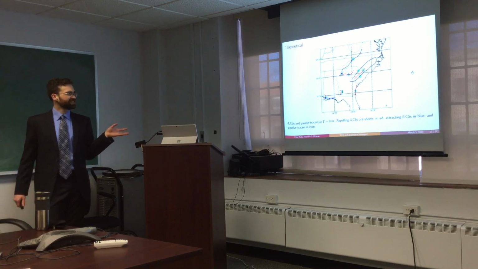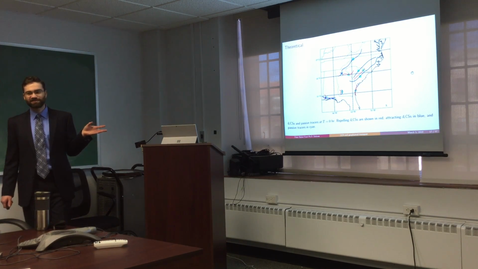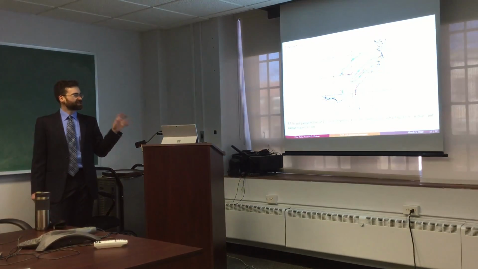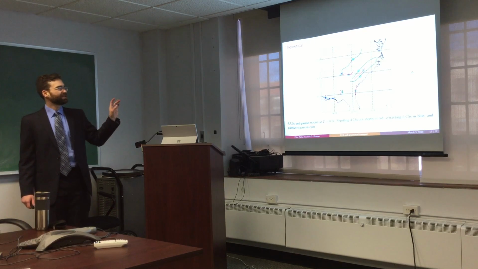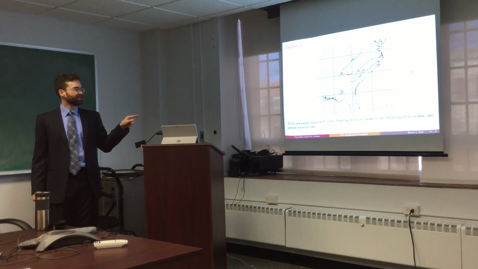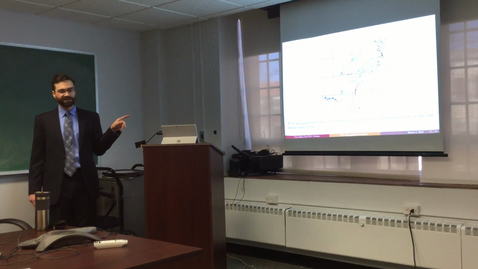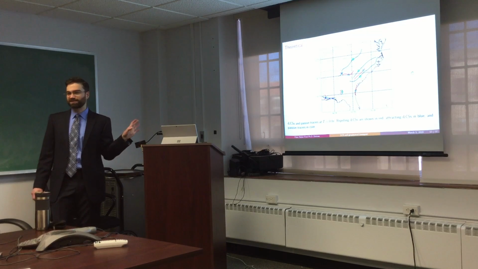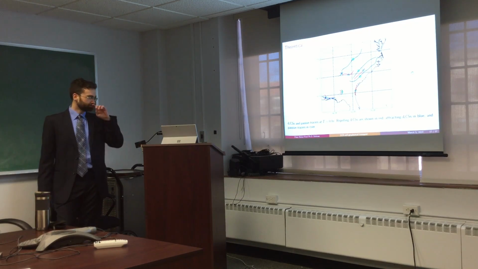So this is an application of ILCS to a WRF model simulation over the southeastern United States. So here's the initial configuration. In blue, the blue lines are attracting ILCS, the red lines are repelling ILCS, and the cyan circles are just passive tracers moving with the flow.